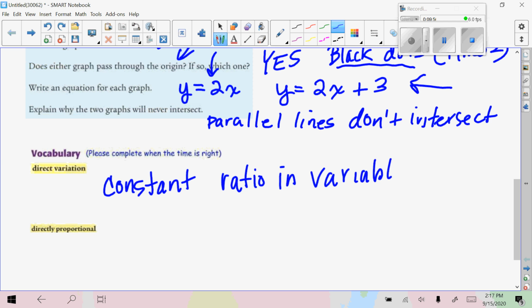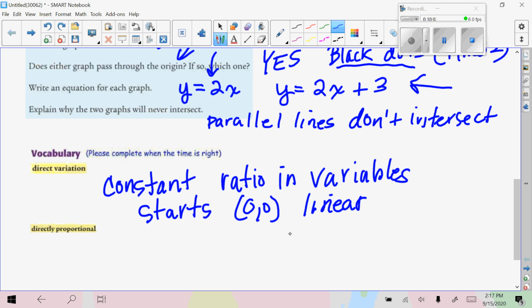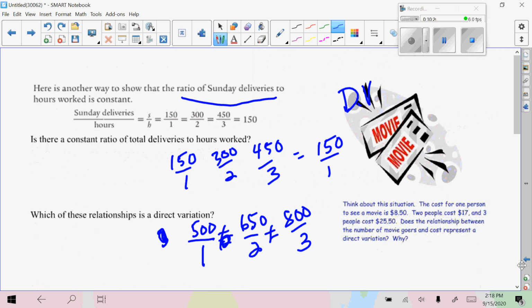And we also saw that the direct variation starts at 0, 0, the origin, and is linear. Okay, directly proportional means what we just said about the constant ratio, that you always get the same ratio in the variables, that they're proportional.